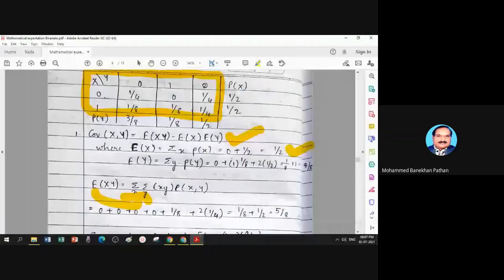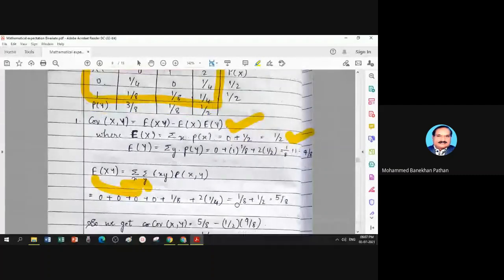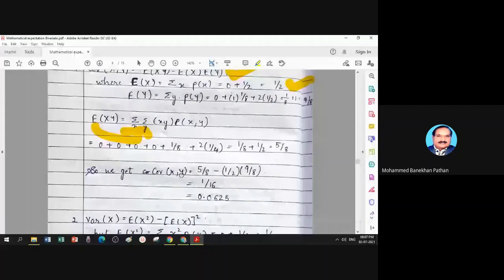When I speak of two variables, these are the joint probabilities. 2 times 1 by 4. Simplify, it is 5 by 8. Therefore, covariance of XY is 5 by 8 minus half of 9 by 8. Simplify the result of covariance.